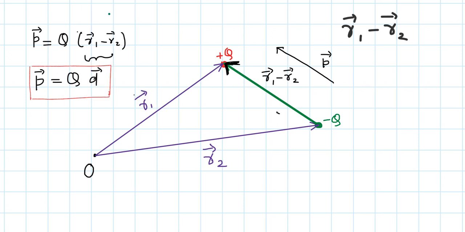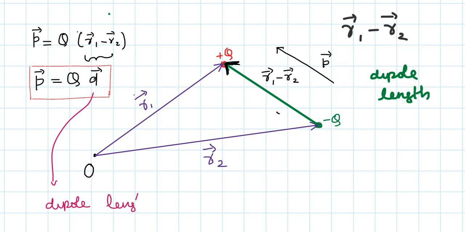The separation vector d is actually the separation between the minus q and the plus q charge, and we already know the distance between the plus q and the minus q charge centers was called dipole length. Thus the separation vector d can be called the dipole length vector, or dipole separation vector, if you may like it that way.